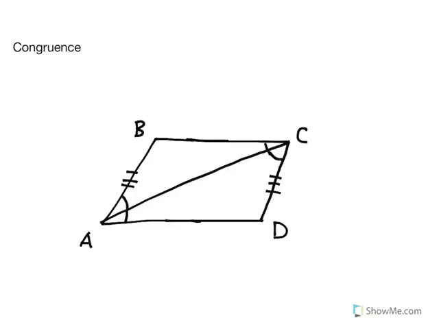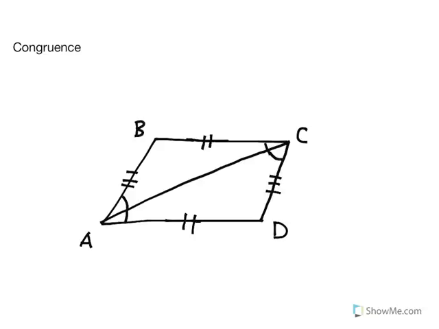In addition to SAS and triangle congruence theorems, we also have to know some properties of quadrilaterals, like this parallelogram. To find out if triangle ABC is congruent to triangle ADC, we have to know that in parallelograms, the opposite sides are always congruent. So we can say these two sides are congruent to each other.